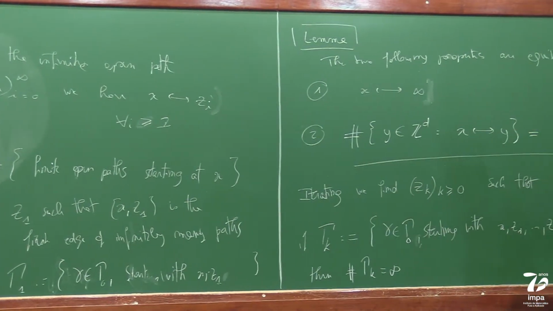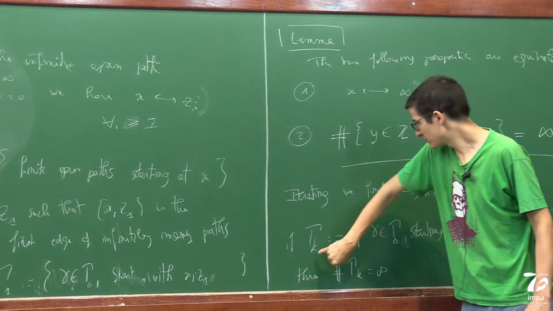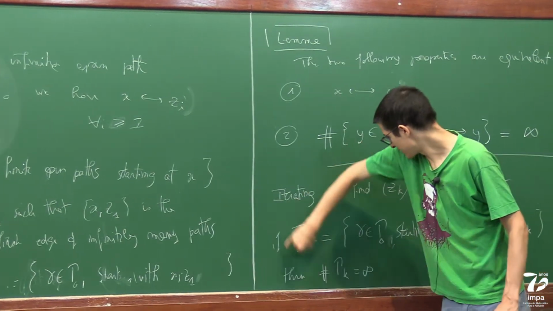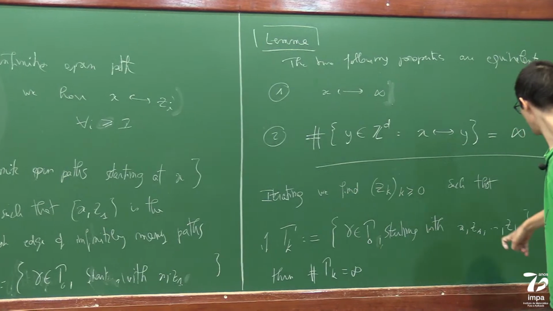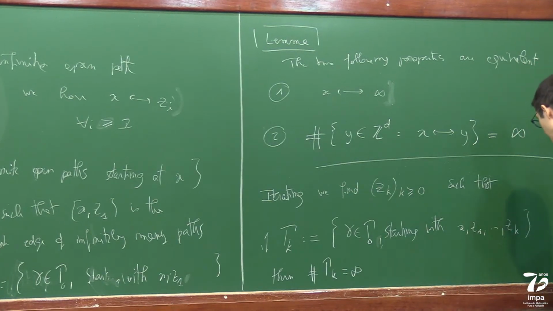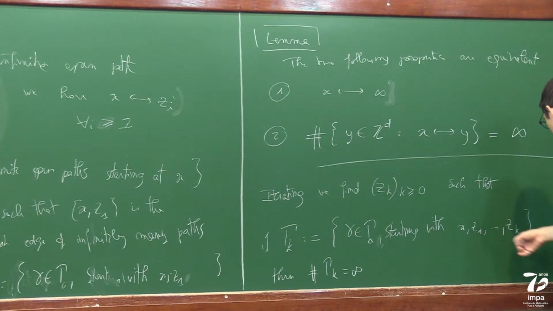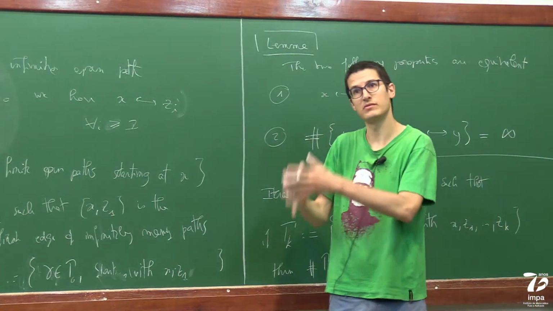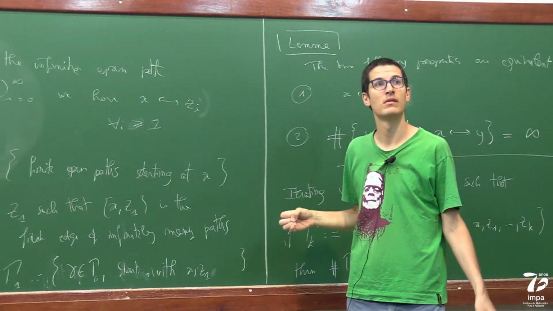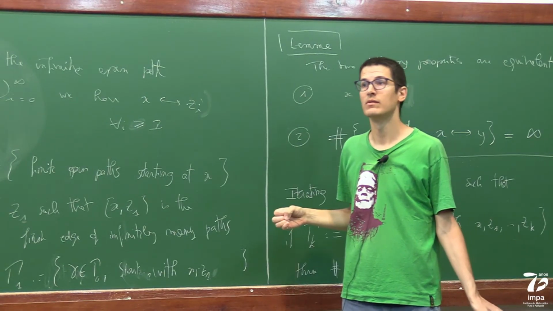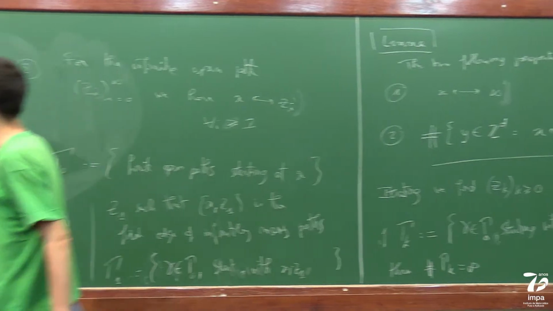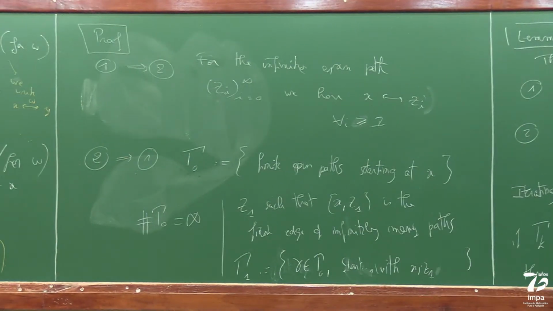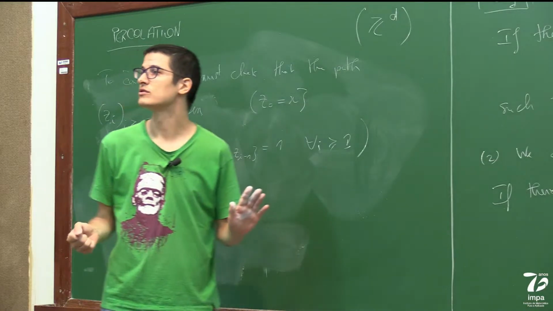In particular, for a path in gamma i, it uses Zi minus 1, Zi as an edge, so this edge has to be open. So the full path has to be open. Okay. So is the proof clear?